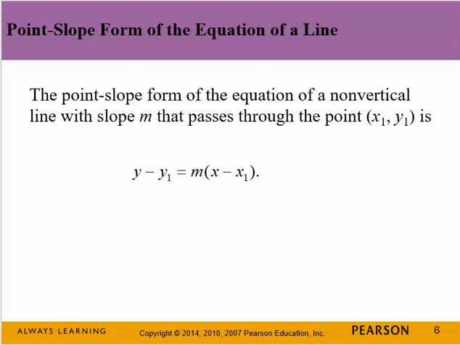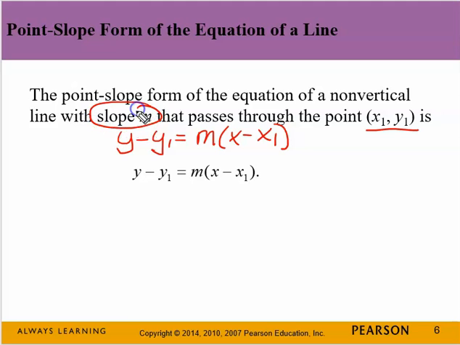Now, there are a number of formulas we're using in this section, and we'll call this one here, write it down: y minus y sub 1 equals m times x minus x sub 1. If you have one ordered pair, and if you have the slope, you can actually make an equation.